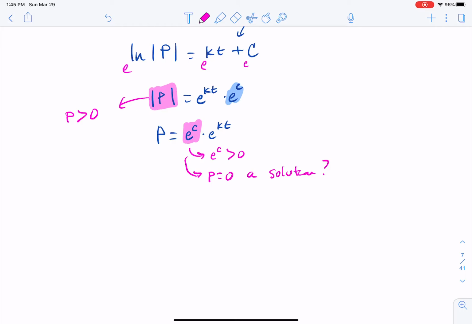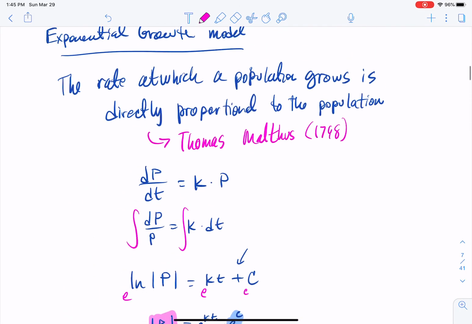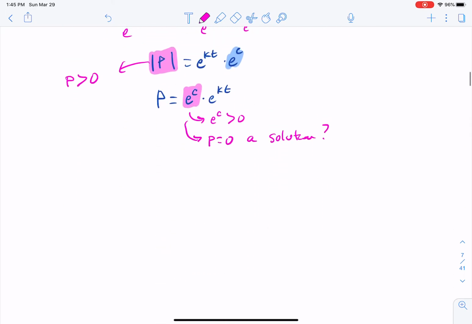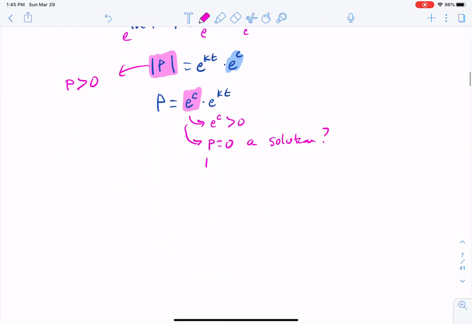So to check to see if P equals 0 is a solution, I'm going to plug it back into my differential equation, which is this guy right here. All right, and so we need a derivative, and then we need the P. We'll stick both of those things into our differential equation. So our dP/dt in this case will also be 0, right? The derivative of 0 is 0.